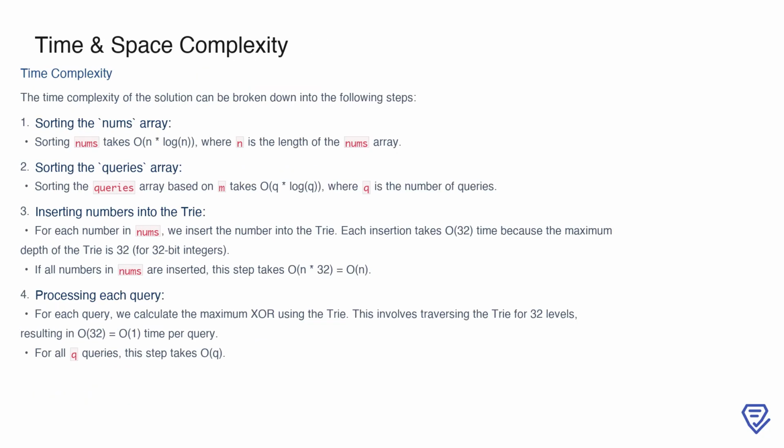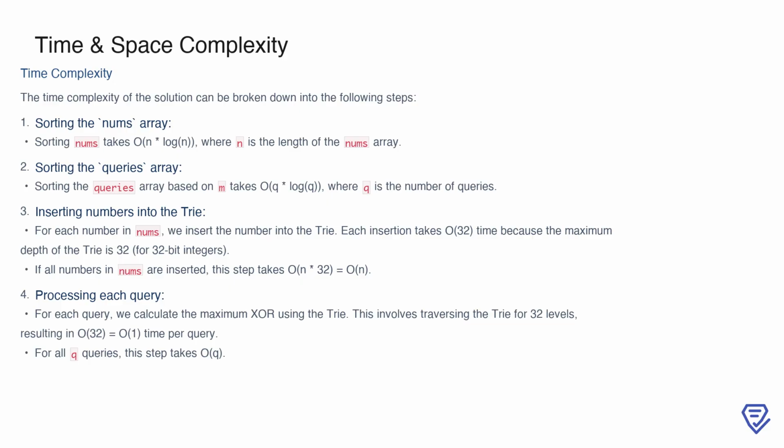Here, we break down the time complexity of the solution step by step. First, we need to sort the nums array, which takes O(n log n) time due to the nature of sorting algorithms. Similarly, the queries array also needs to be sorted based on the m value, which requires O(q log q), where q is the number of queries. Next, we insert each number from nums into the tree.